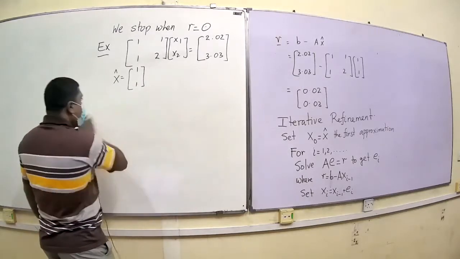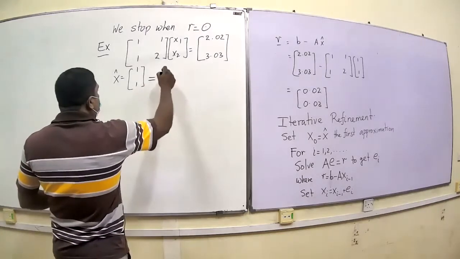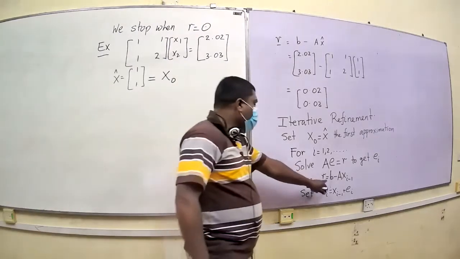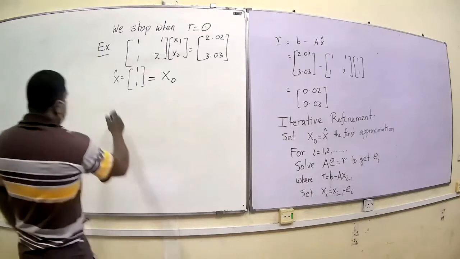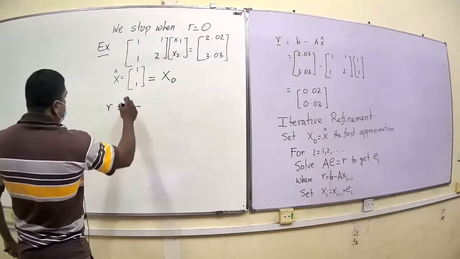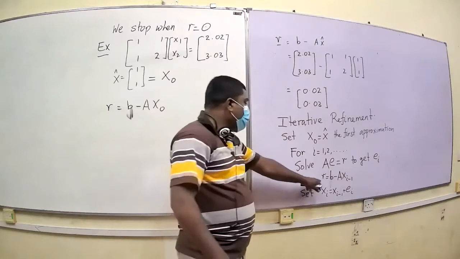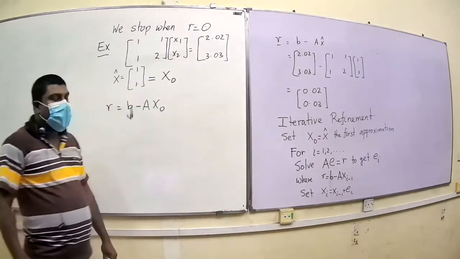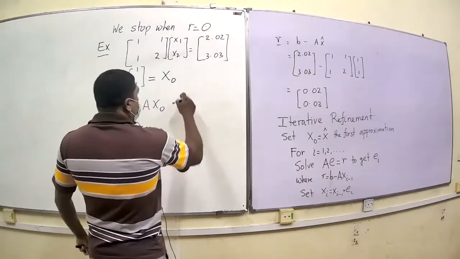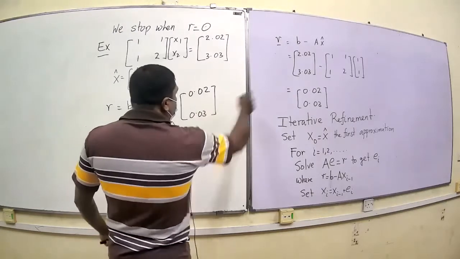According to the algorithm, you set x naught equal to this. Then you find r. r is b minus A x naught, which you already found: 0.02 and 0.03.